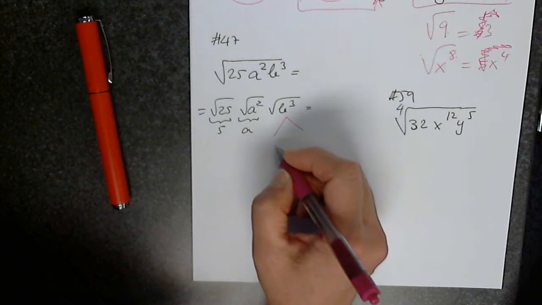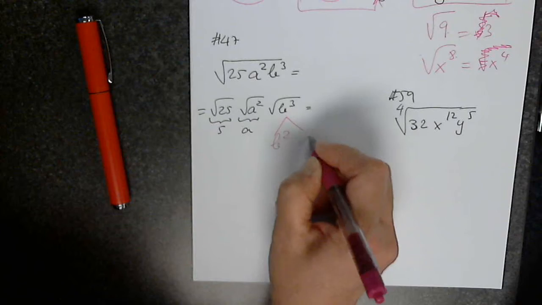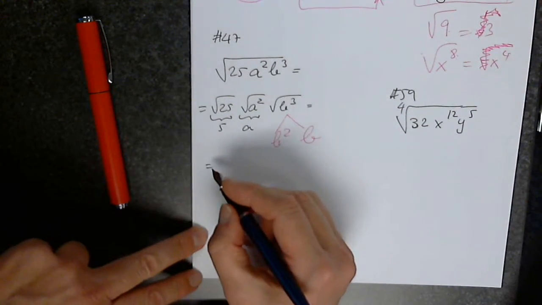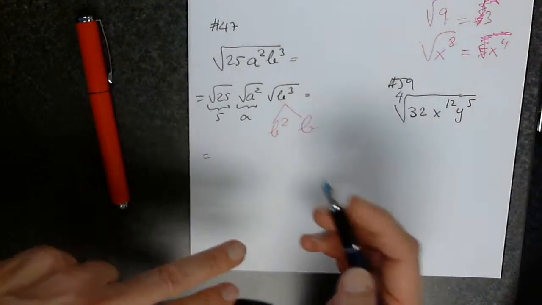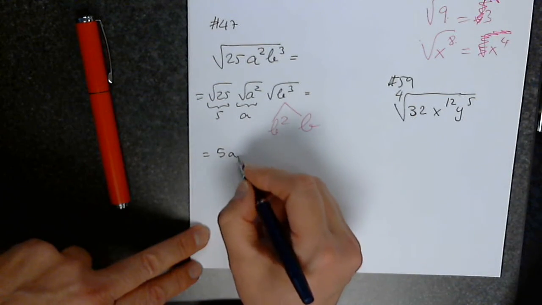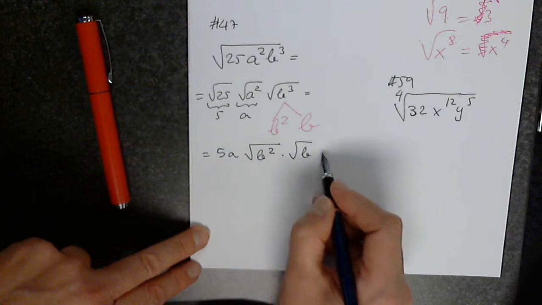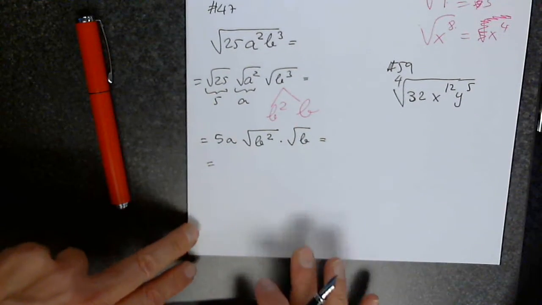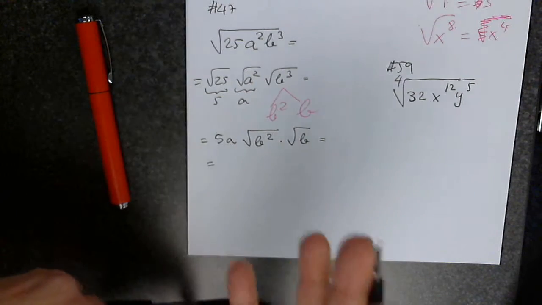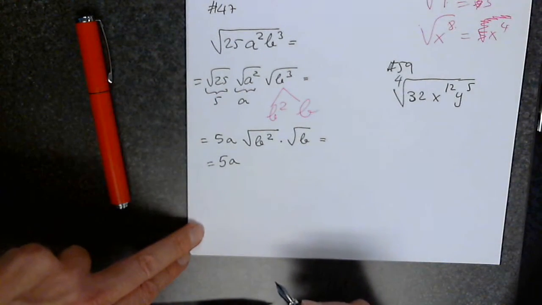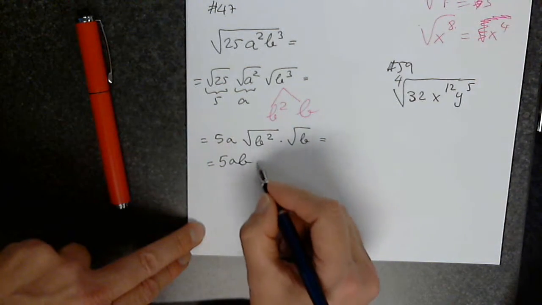Give it a shot. Yes, b squared and b. So now the next step will be indeed 5a, but this will be the square root of b squared times the square root of b. And we know that if b is positive and a is positive, then this will be 5ab.